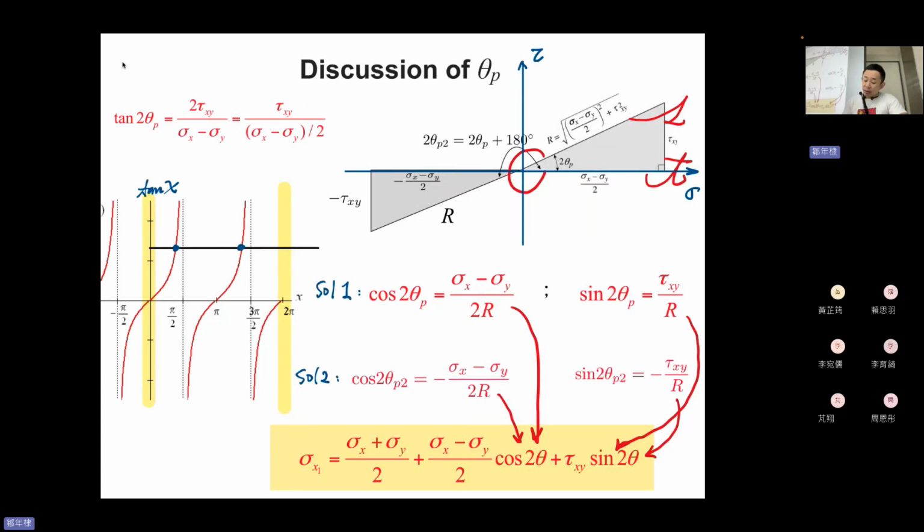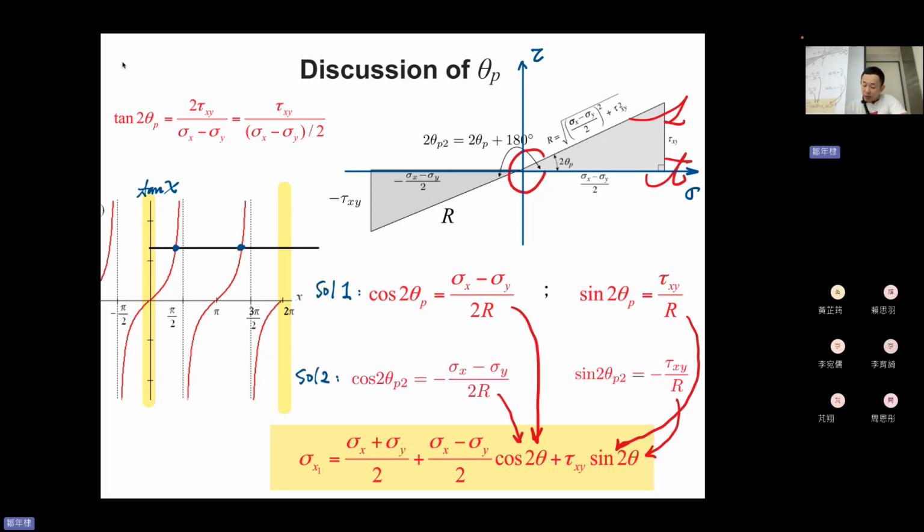We found that the tangent of 2 theta_p can be plotted like that. However, to satisfy this equation we will always have two solutions within the range 0 to 2 pi.